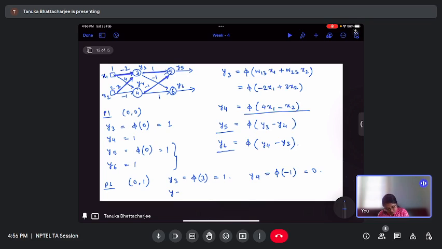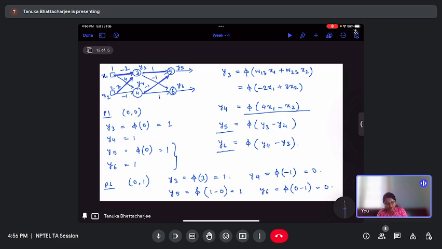Now, if we compute y5, it will be phi of 1 minus 0, so phi of 1, that will be 1, and y6 will be phi of 0 minus 1, which is minus 1, so 0. So, the output y5, y6 will be 1 and 0.